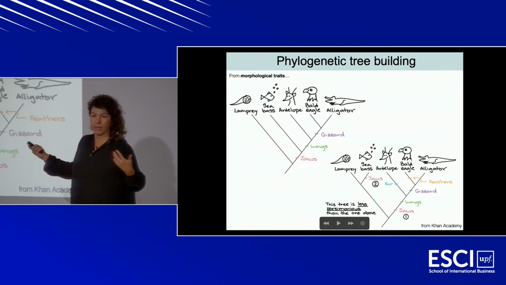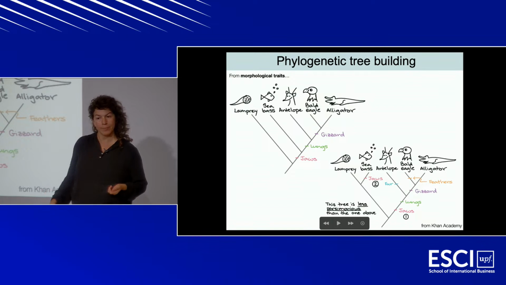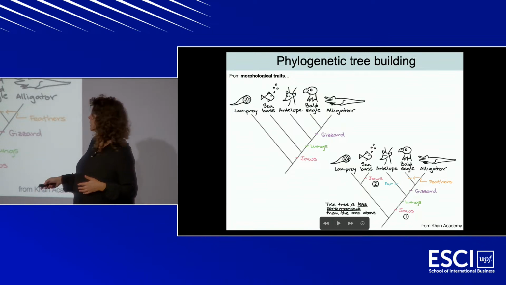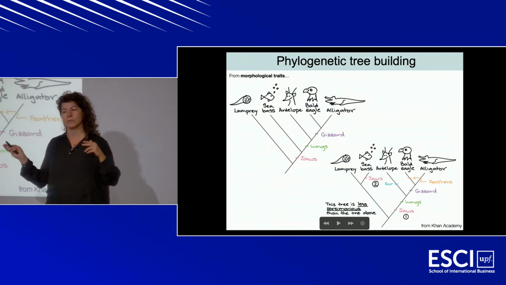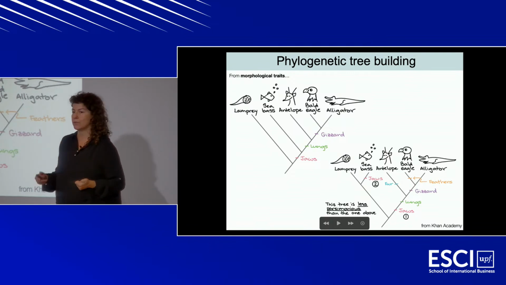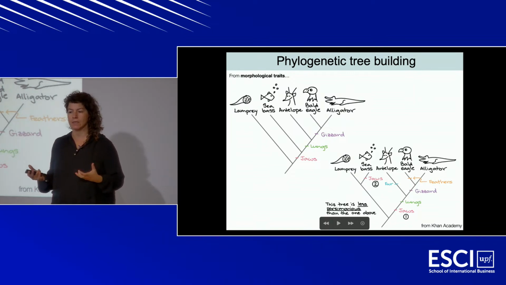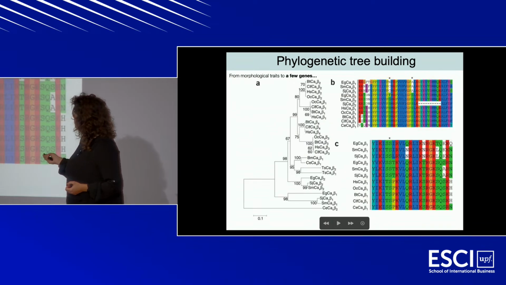That could be another tree, and this would mean that the sea bass is the sister group to lamprey in the phylogenetic context. However, it would imply that jaws have originated twice in evolution, which is less parsimonious. So this is the rationale behind parsimony, one of the methods originally used to build these trees.